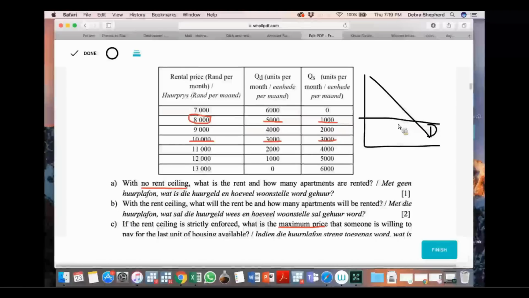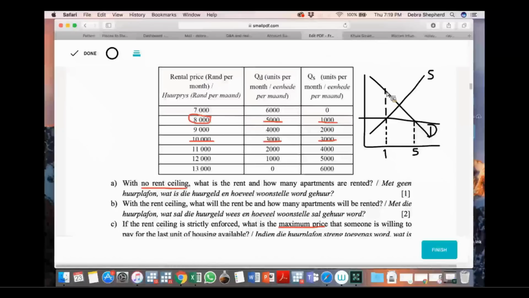It's a rent ceiling. However, because that 8,000 Rand is below equilibrium, it means that even though people want 5,000 units, so this would be 5,000 there, only 1,000 units are being supplied. So 1,000 units are being supplied. So only 1,000 people are getting the housing at a price of 8,000.